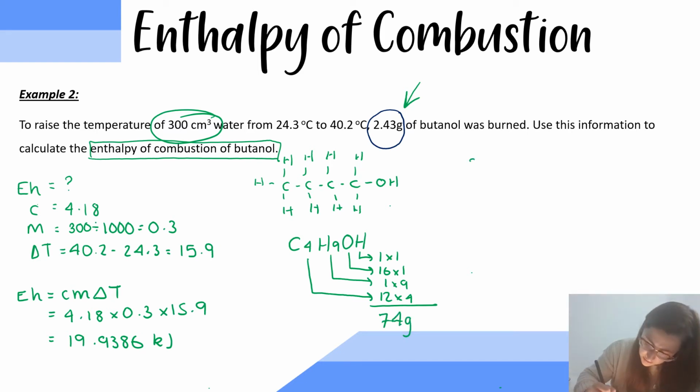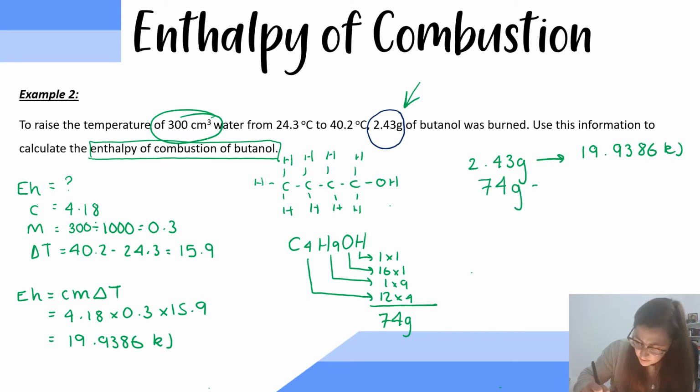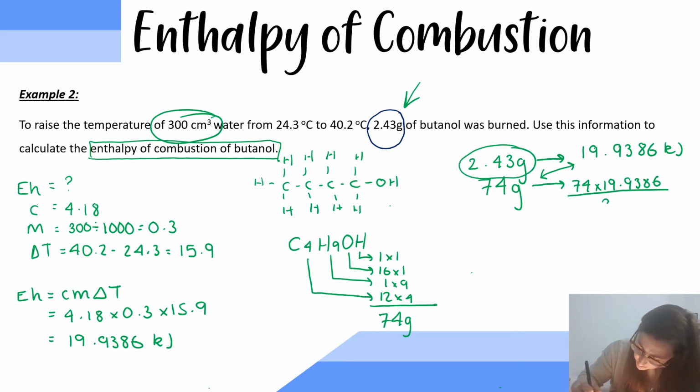So we know that if we burn 2.43 grams of butanol, we release 19.9386 kilojoules. And we're trying to work out how much energy is released when 1 mole of butanol is burned, when 74 grams is burned. And we times across 74 times 19.9386, and we divide by this number, 2.43.